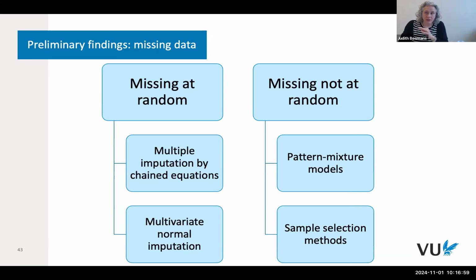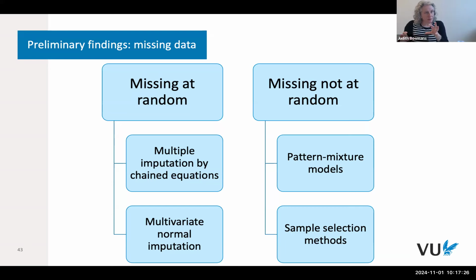For data that is missing not at random, pattern mixture models or sample selection models perform better. So in pattern mixture models, you actually model the difference in the distributions between missing and observed values. And you try to group observations based on their missing data pattern.